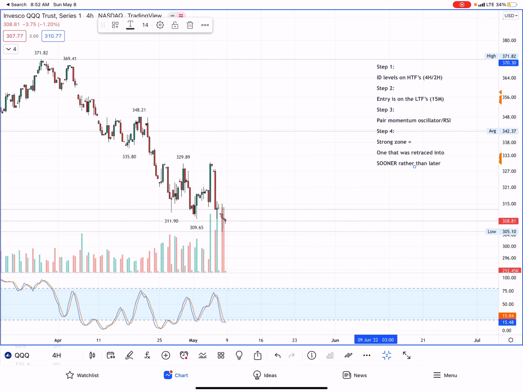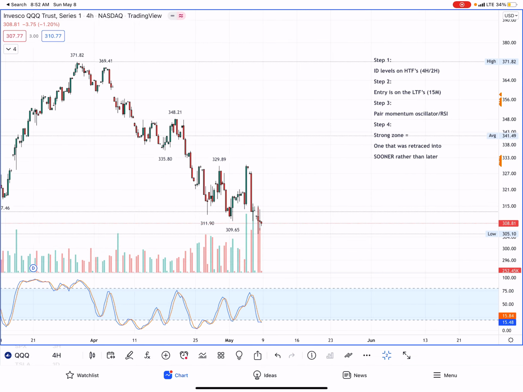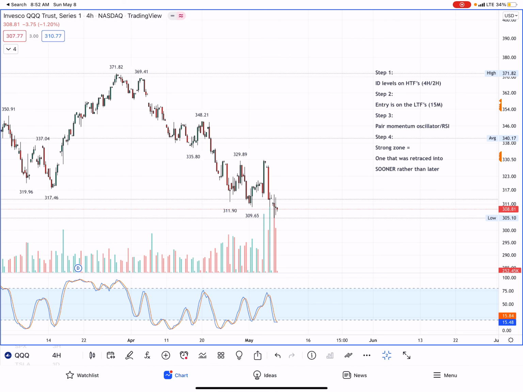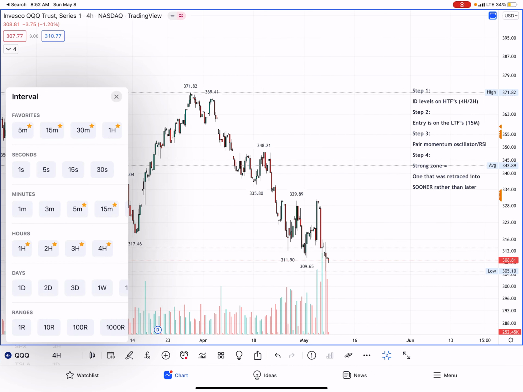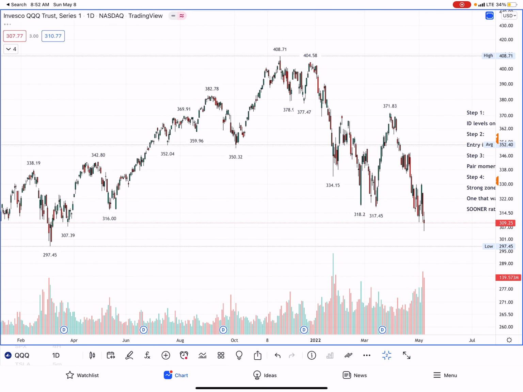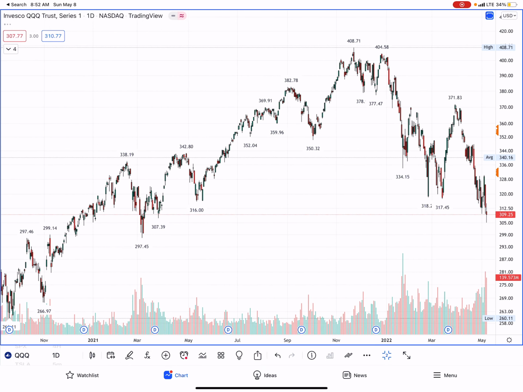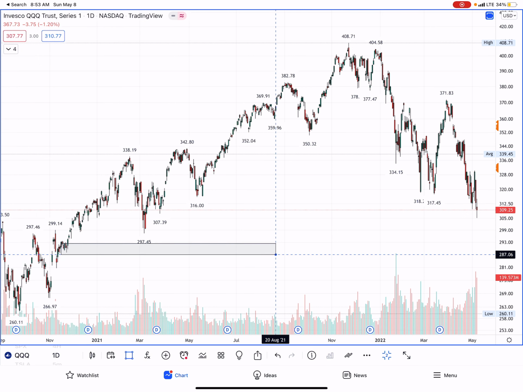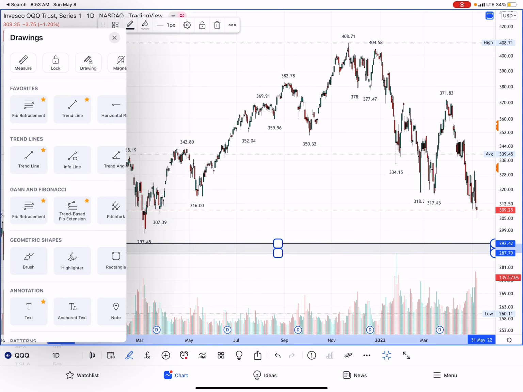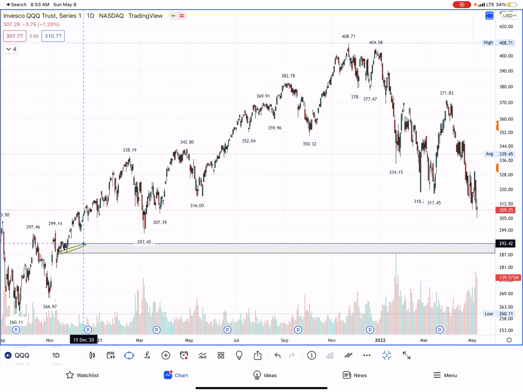Reason being is because banks and institutions have a mindset like us, meaning that they want their orders filled sooner rather than later. Let's say that we identify some sort of level from back here. This is a rally-based rally. So sure, this is a valid level. Sure, it could bounce.